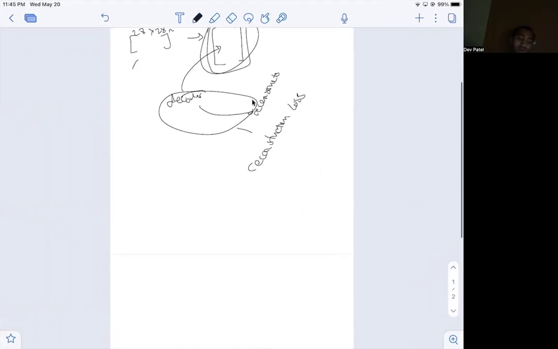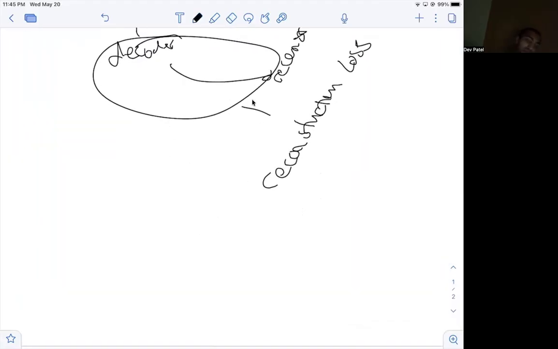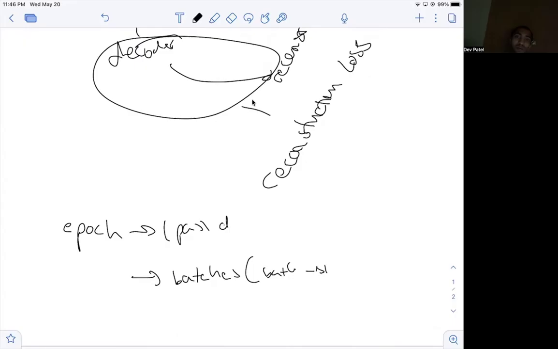So a typical training loop has, in each epoch, one pass of the training set. And we typically do this in batches. So let's say a batch size is 24.